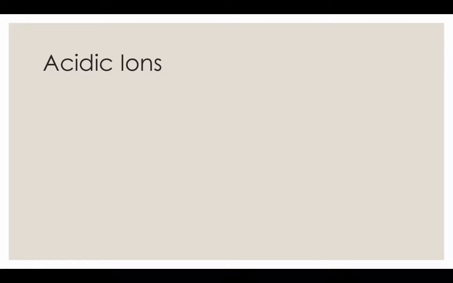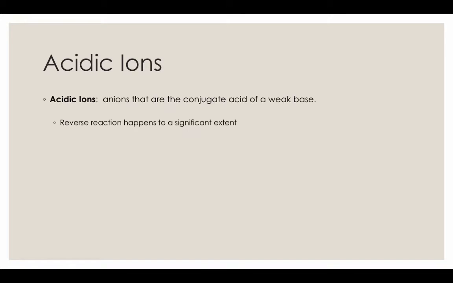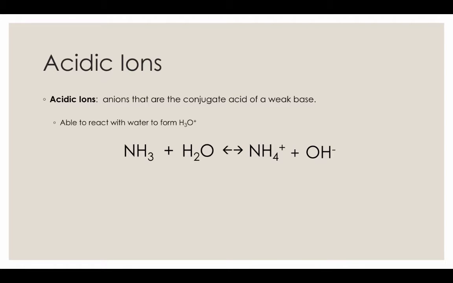Turning now to acidic ions, any salt that contains an acidic ion will form an acidic solution. Acidic ions are cations that are conjugate acids of a weak base. Again, as the base becomes weaker, the conjugate acid becomes stronger, making the conjugate acid able to react with water to form H3O+. Consider the case of ammonia, a weak base.